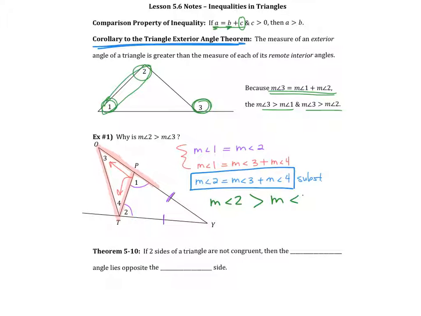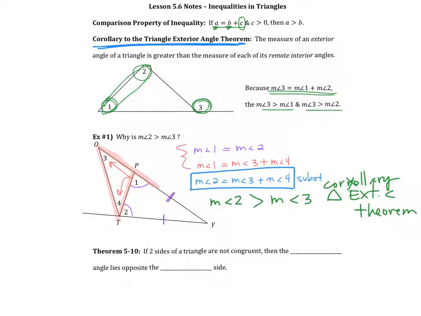The measure of angle 2 has to be greater than the measure of angle 3 by the triangle exterior angle theorem. Technically, it's the corollary, but I'm not super concerned about you naming it the corollary.